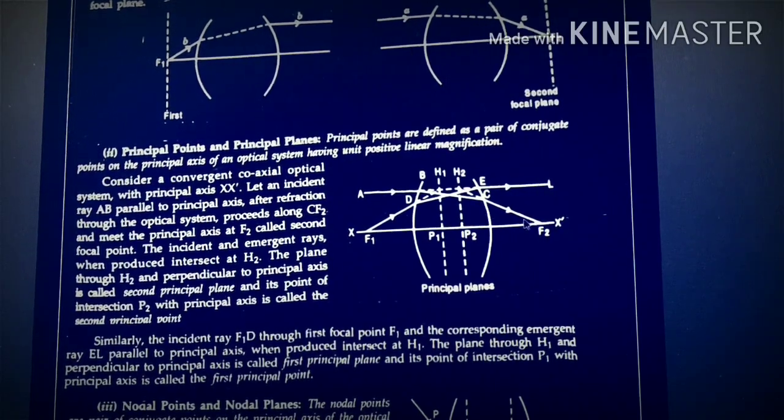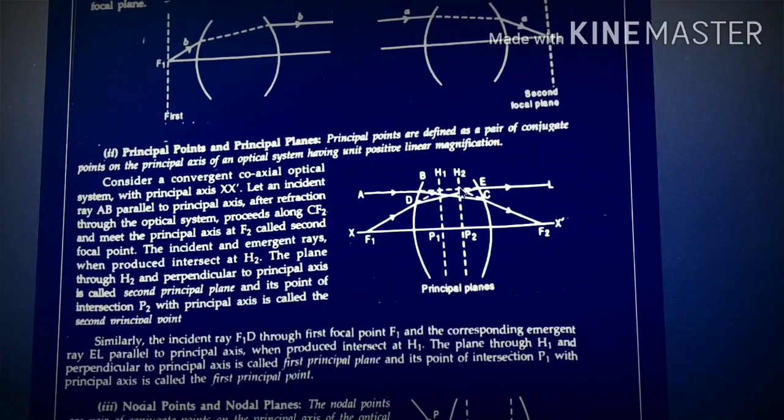If the emergent ray is extended backward, it meets at point S2.